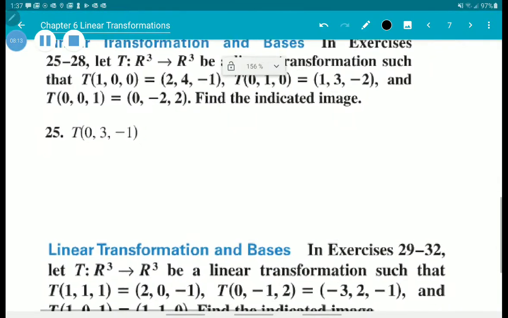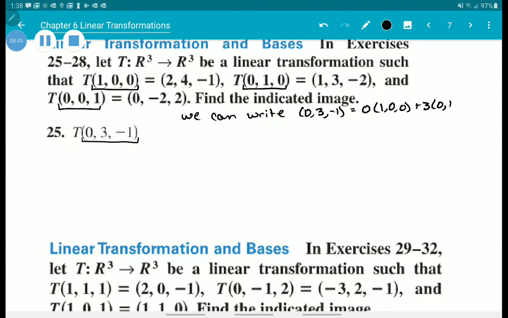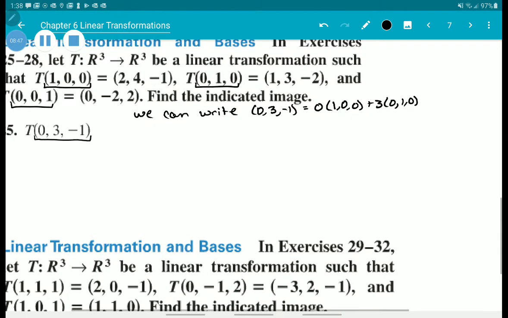So let's do that. Your first step is to figure out how can I write this vector in terms of I, j, and k. So 0, 3, negative 1 can be written as 0 times I plus 3 times j minus 1 times k.